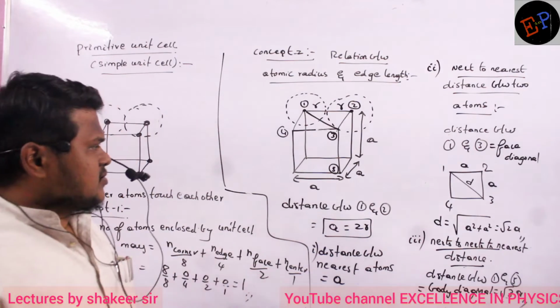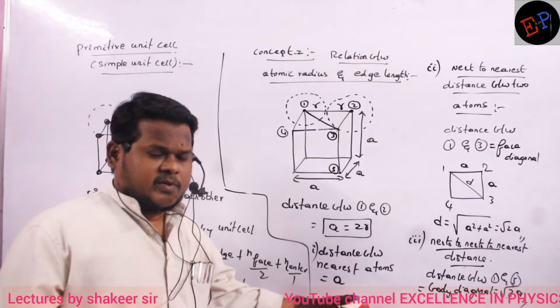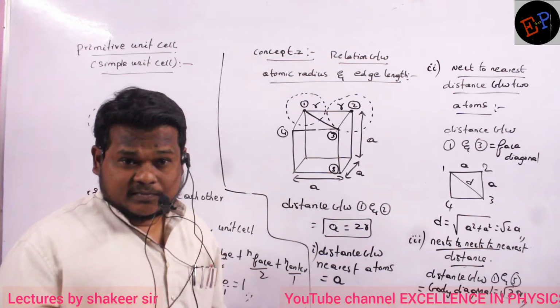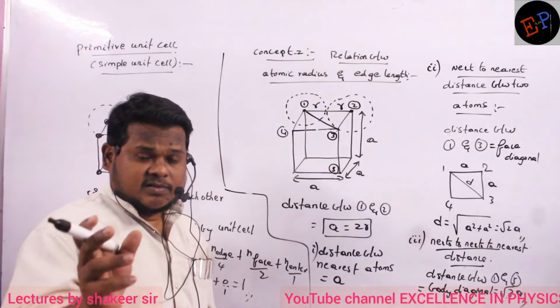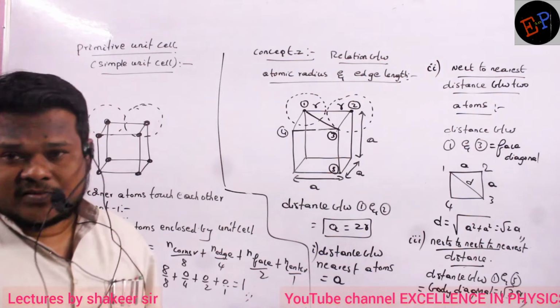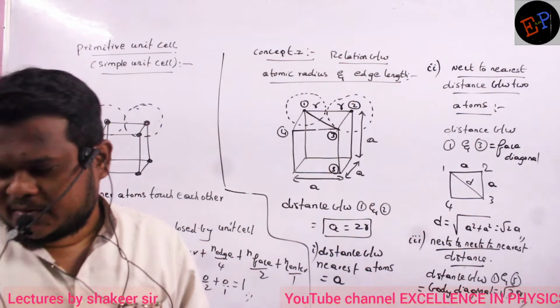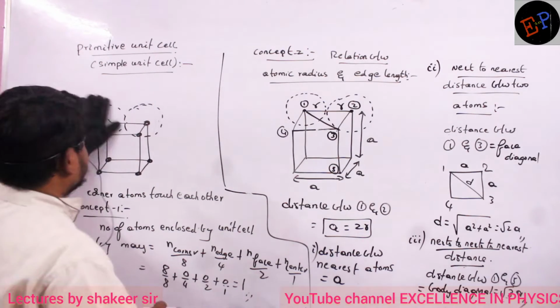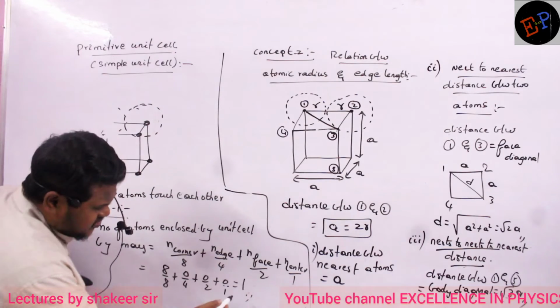Clear? So already we have discussed where the atoms are present and what the atoms are touching. This is the most important discussion in the case of primitive cells. Are you able to understand? Okay. So second concept we have completed, no? Next let us go to the third one. Okay. See here this point you should remember. 1.